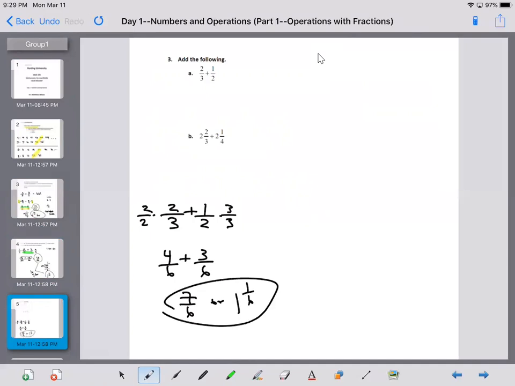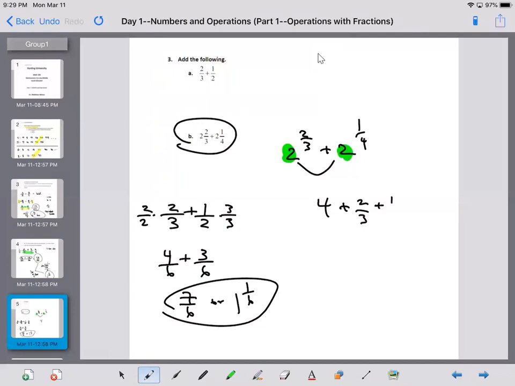Now when you have your mixed numbers like you see here, 2 2/3 plus 2 1/4, I would encourage you to go ahead and add the whole numbers together. So that would give you 4, and now you're adding the 2/3 plus the 1/4.